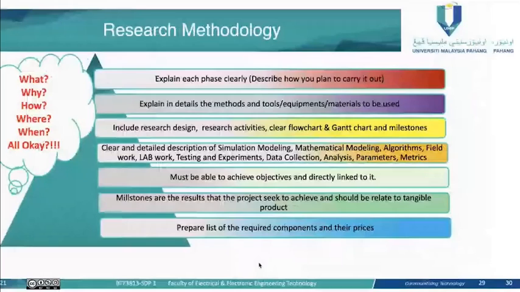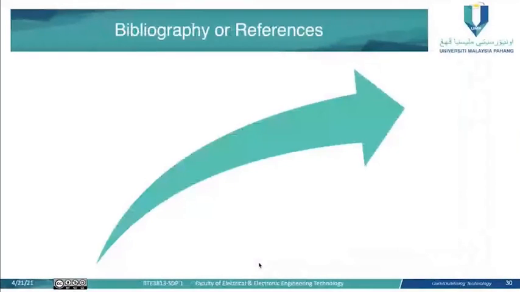The bibliography and references will be the last part of your research proposal, and also the last part of your thesis later on. So it must be up to date, from the last 3 to 5 years, and relevant to the topic. Don't cite things which are not related to your topic, and they must be cited in the text.